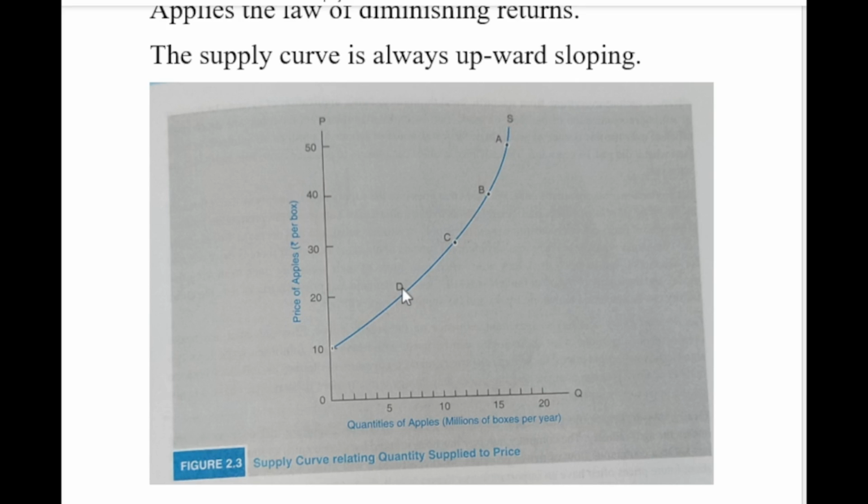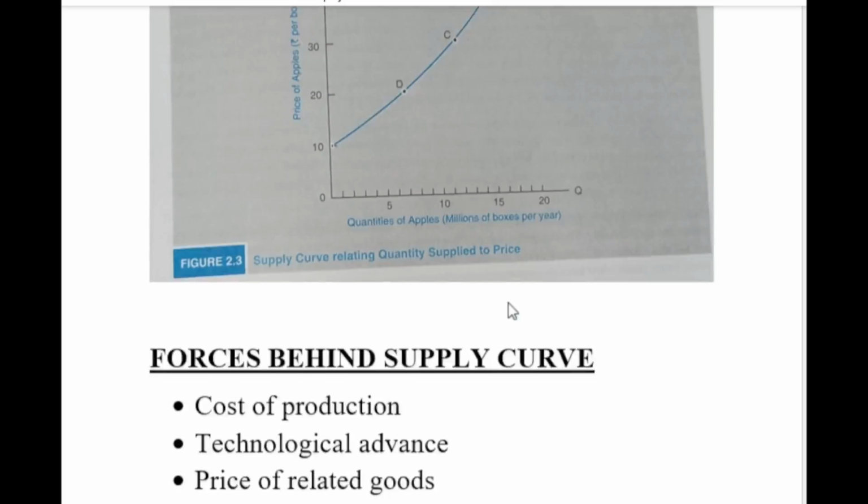When the price is 20, the quantity of apples supplied grows to 5 million. At the price of 30, the quantity supplied is 10 million. At the price of 40, the quantity supplied is much more. It means when the price of the commodity rises, the quantity supplied rises. So it is upward sloping.